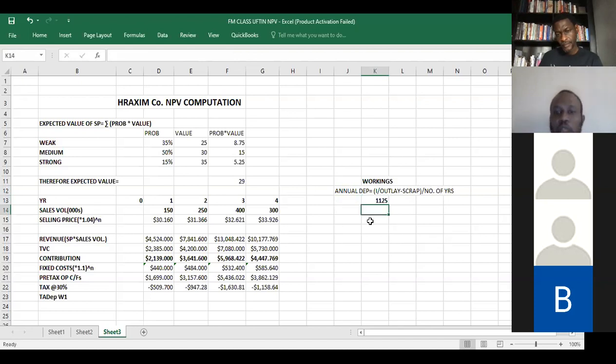So that's 1125. Therefore, our tax allowable depreciation will be equal to our annual depreciation multiplied by our tax rate.